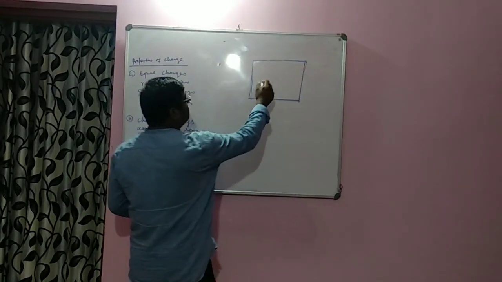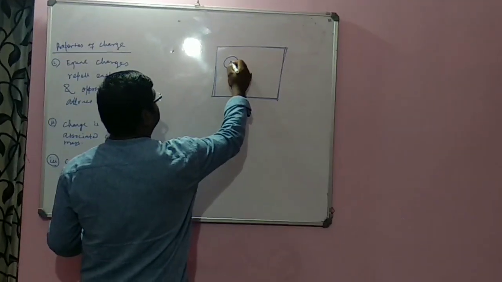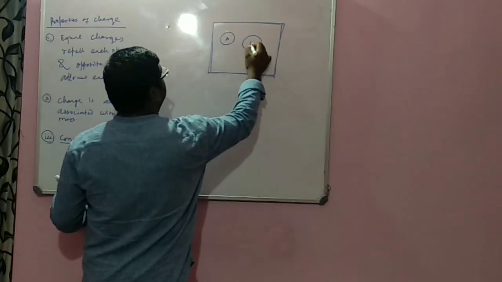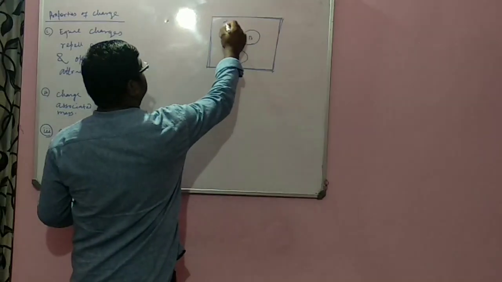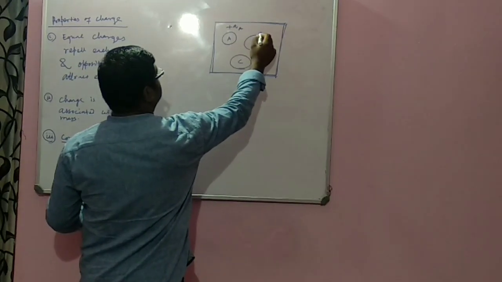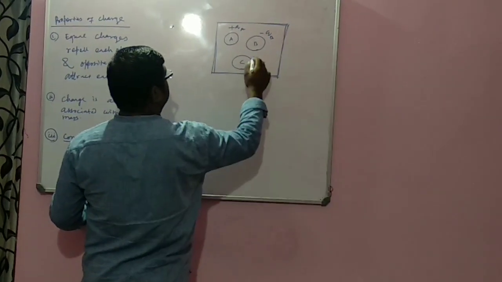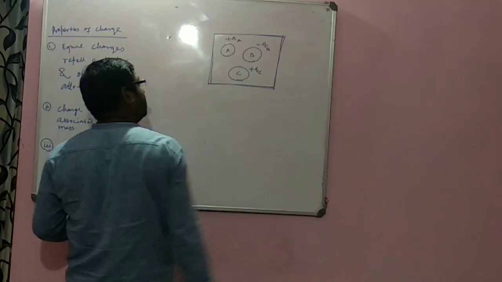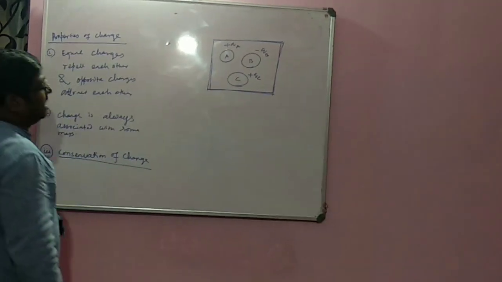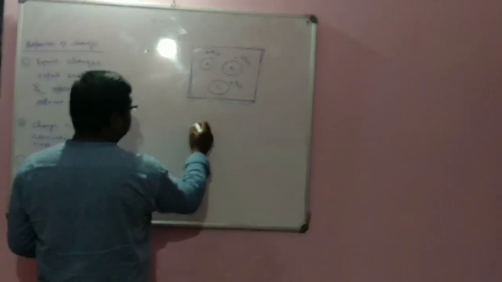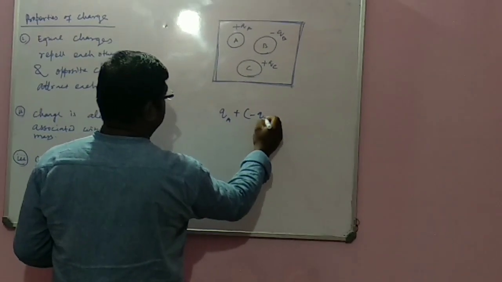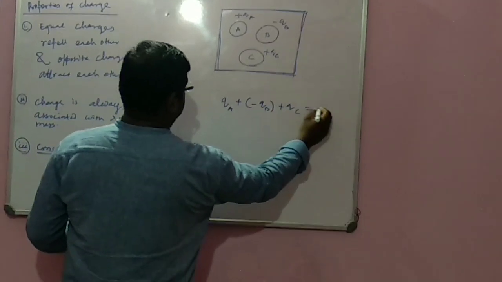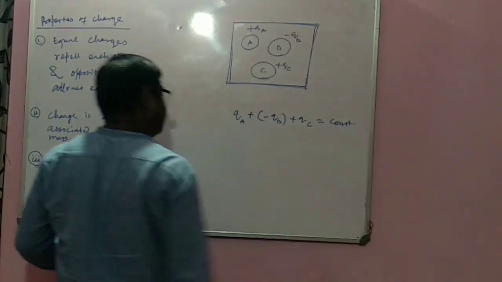Let us consider three material particles A, B and C. They have some charge. Suppose QA, here it is minus QB, here it is plus QC. According to conservation of charge, the total charge will remain constant, QA plus of minus QB plus QC is equal to constant.